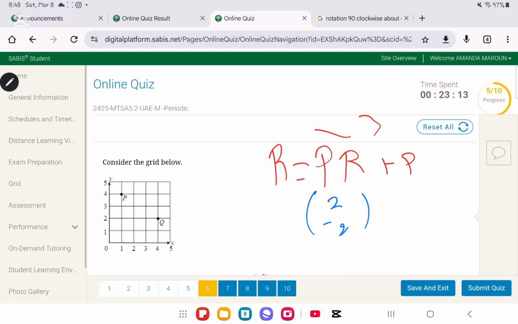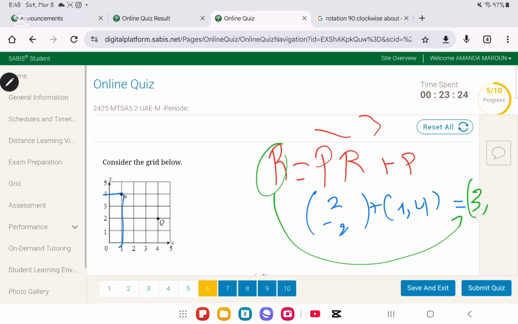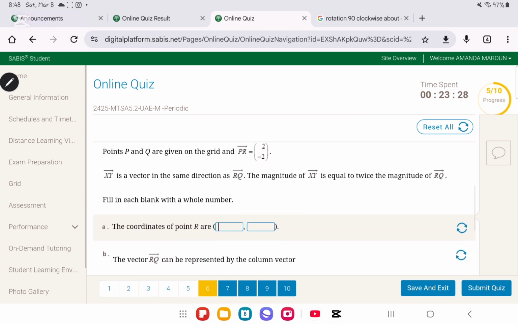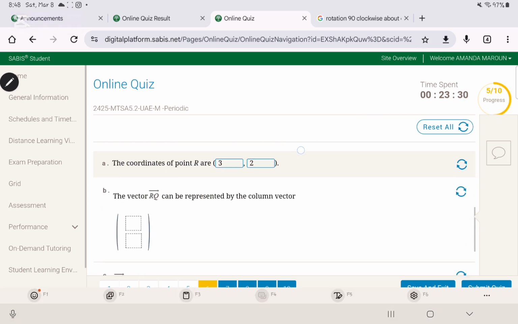And the value of P based on the graph is 1, 4. So you're going to add them together and you will get the value of R, which is 3, 2. Just like that, you found the value of R, which is 3, 2.